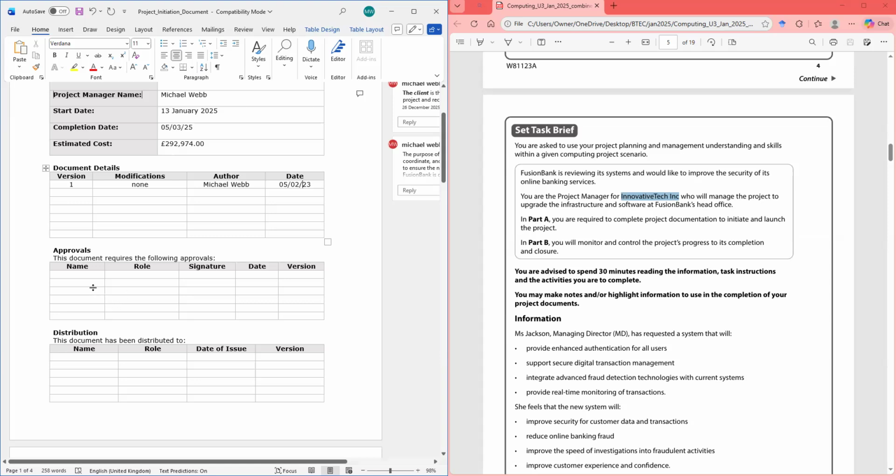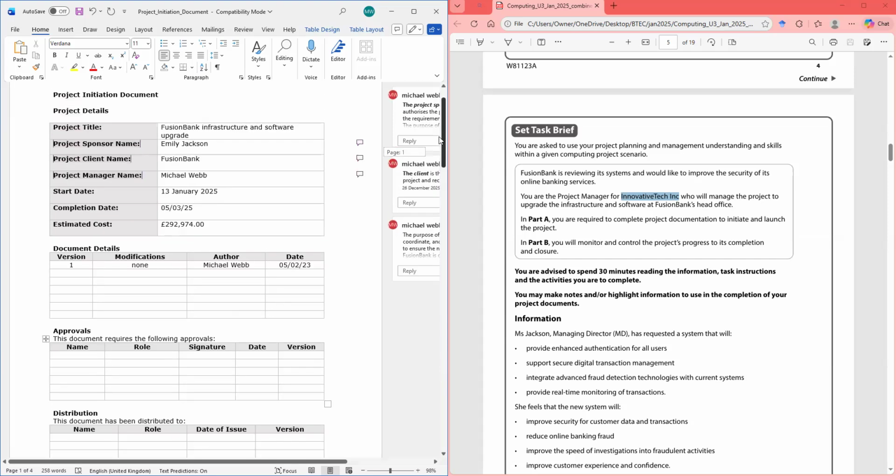All right. And approval would be the same. The sponsor would have to be doing your approval. So Emily Jackson, who is the managing director. She's the managing director.